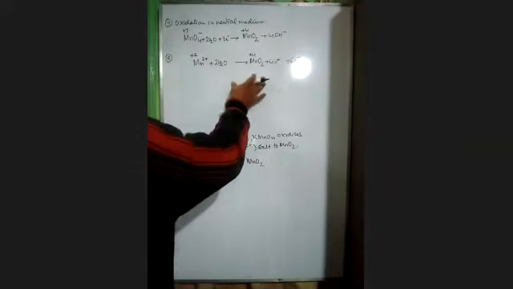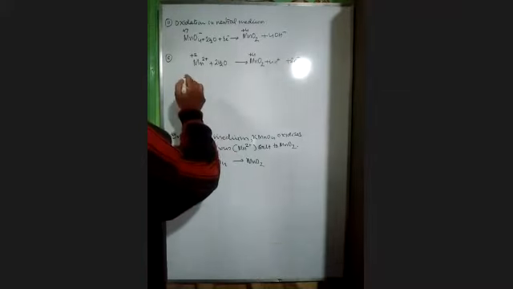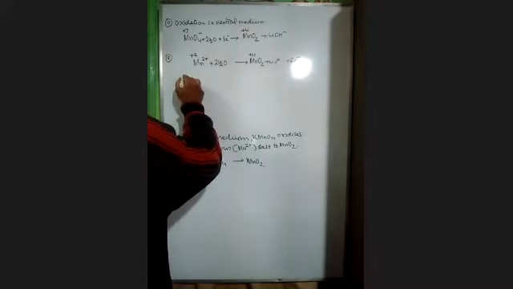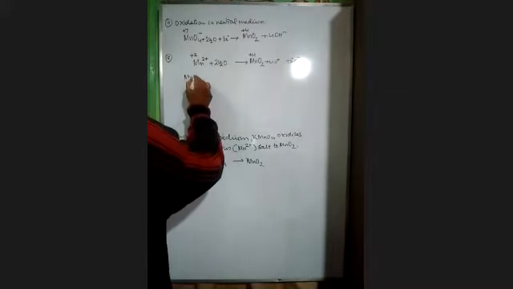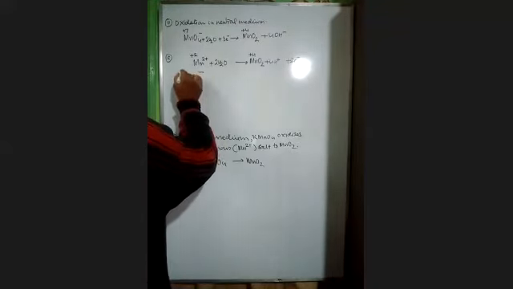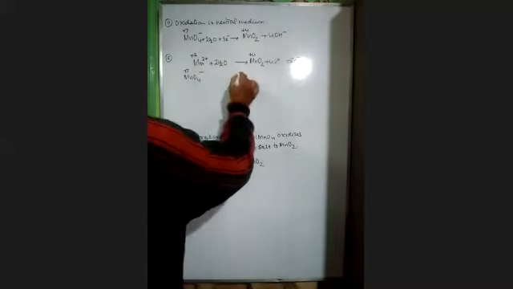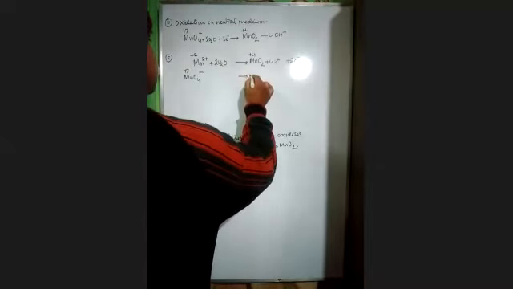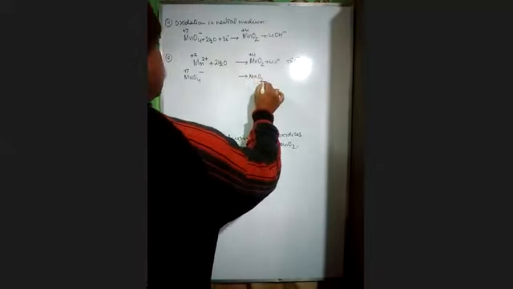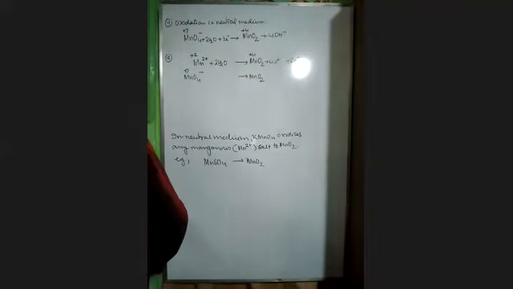So now 4H plus. So I'll write now here Mn4 plus 7. Here it is Mn4. Okay.